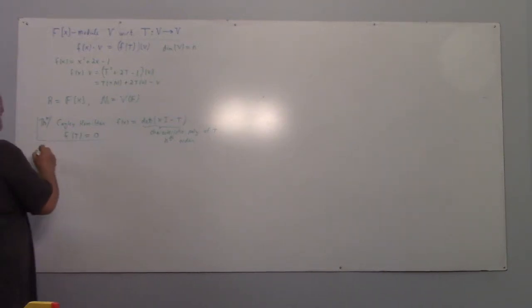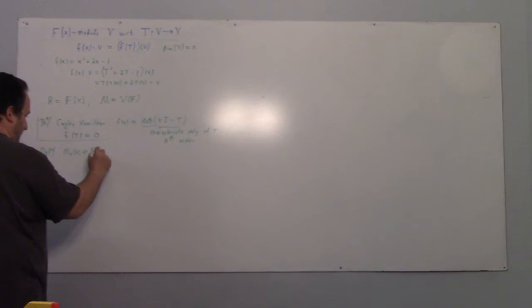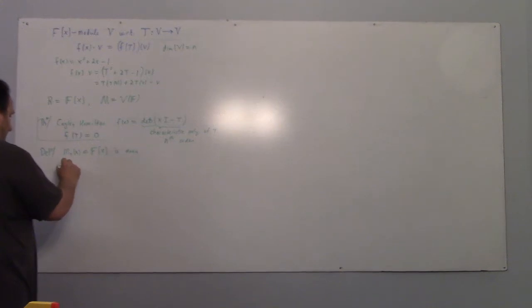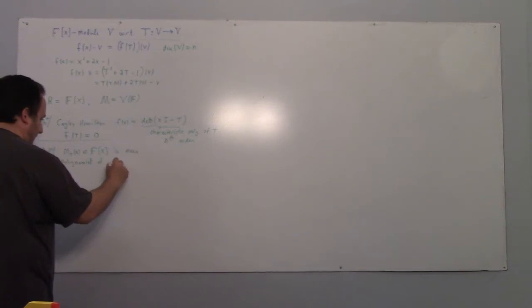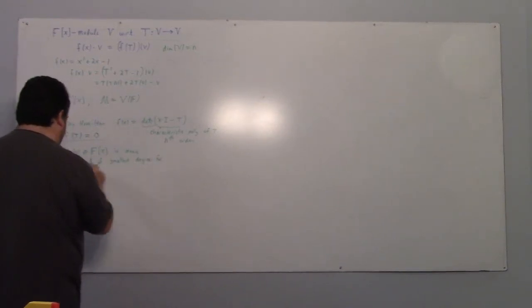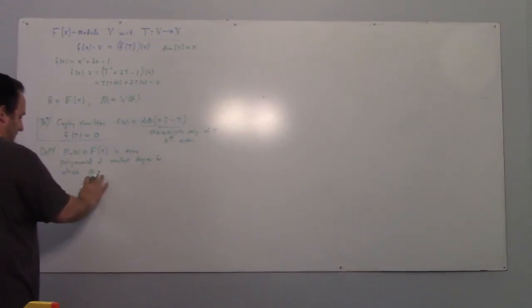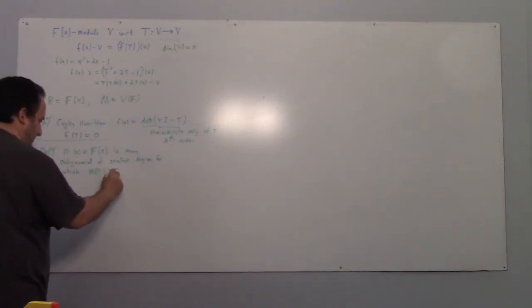So the minimal polynomial, let's say m sub T of x, is the element of f(x) that is the monic polynomial of smallest degree for which m sub T, and we'll drop the T, let's just say m of T is equal to 0.